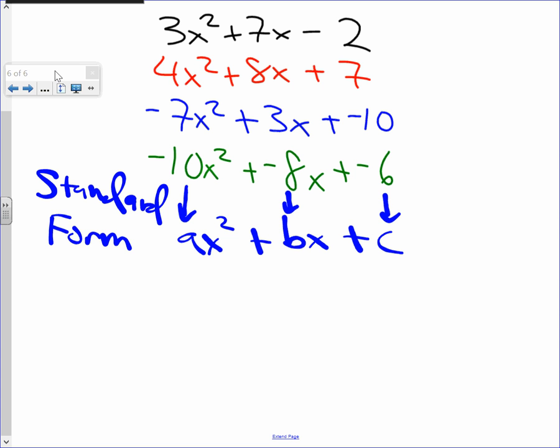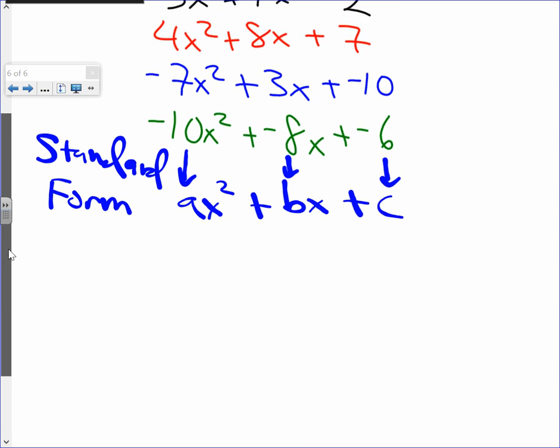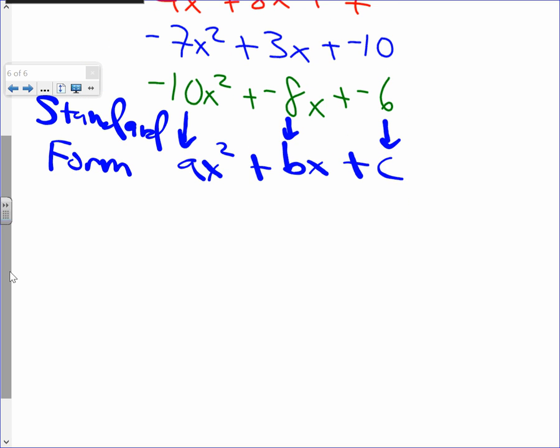Now, let's say I have, let's take x squared plus 2x plus 3.